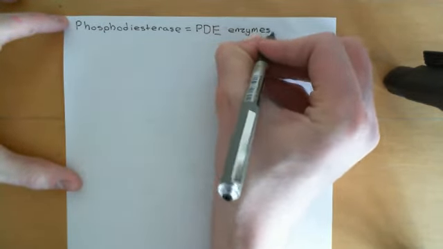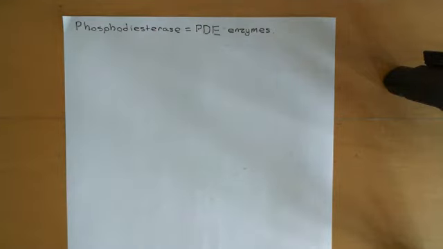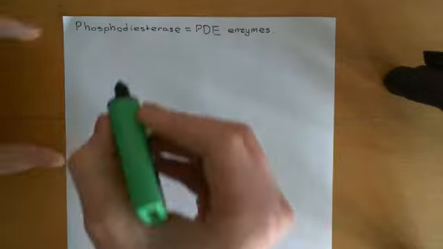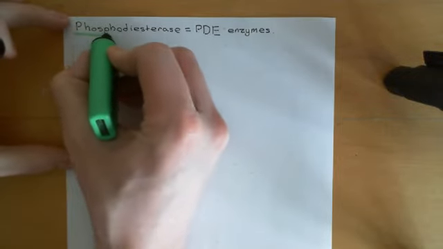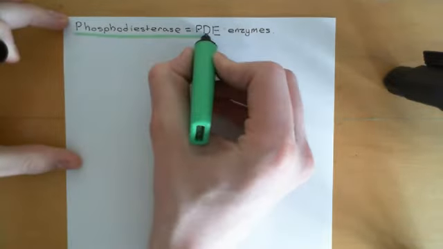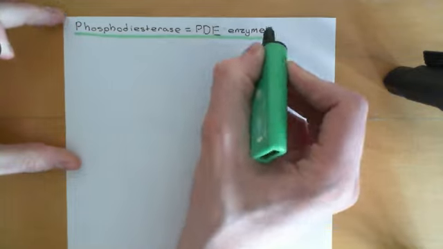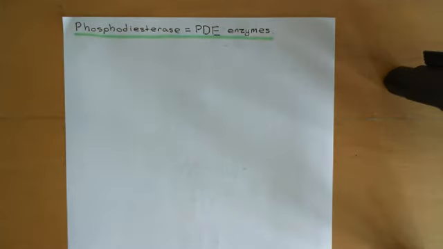Right. So before I actually tell you the names of all the different phosphodiesterase enzyme genes that we have in humans, I'm going to tell you what they do firstly. Now, not all phosphodiesterase enzymes actually do what I'm about to tell you, which is break down cyclic AMP.